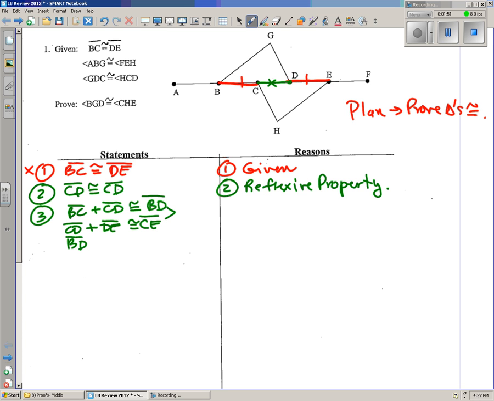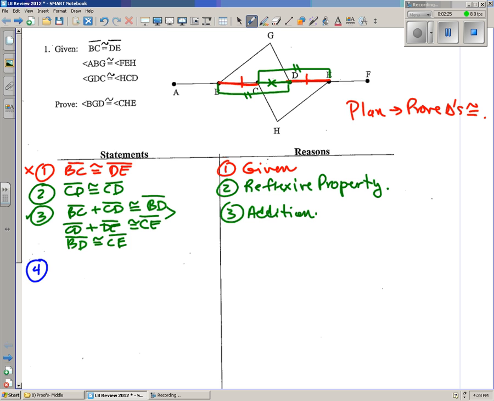So BD is congruent to CE. And this is the addition postulate, or just addition. So that counts, because now we have BD and CE fully congruent. Check it off. Again, we need 3 check marks to get the triangles congruent. So off to the next given we go.